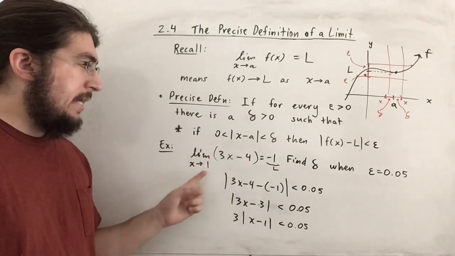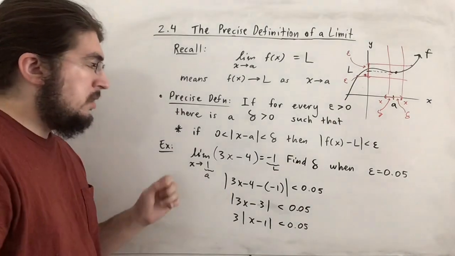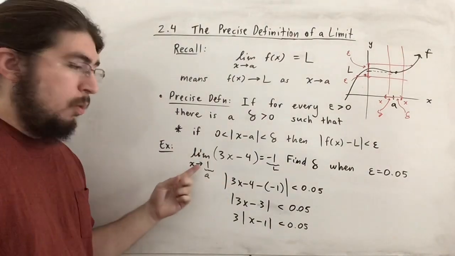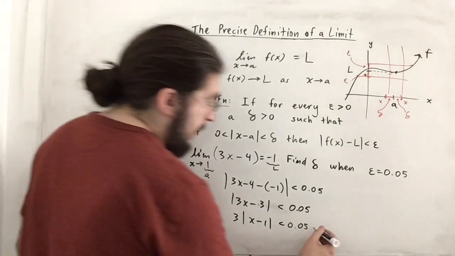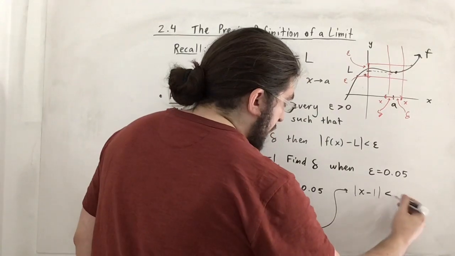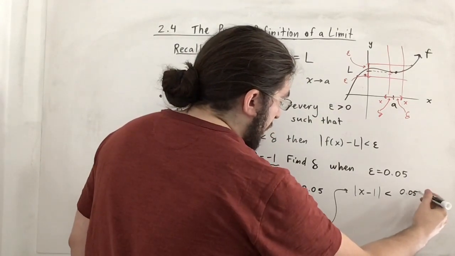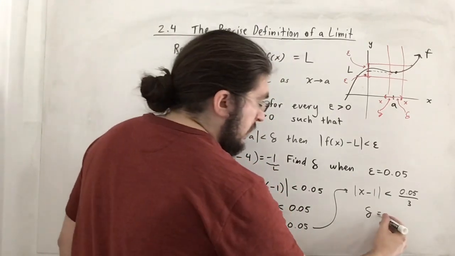Now, our a in this case is what we're approaching, and that's 1. So we want the absolute value of x minus 1 to be less than a number, and we basically have it. All we have to do now is divide by 3, and then we'll get that the absolute value of x minus 1 is less than 0.05 over 3, so that our delta is equal to 0.05 over 3.